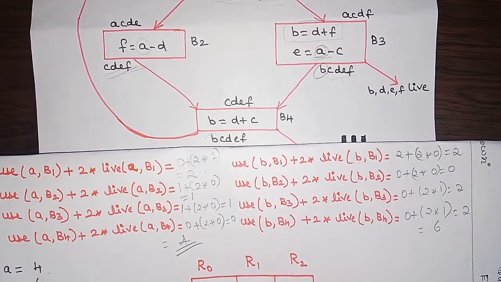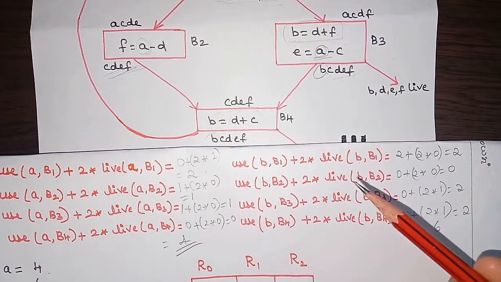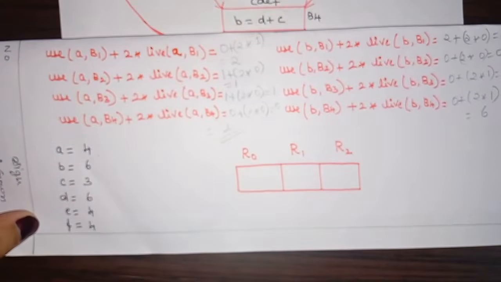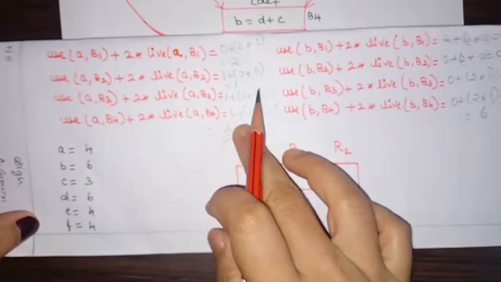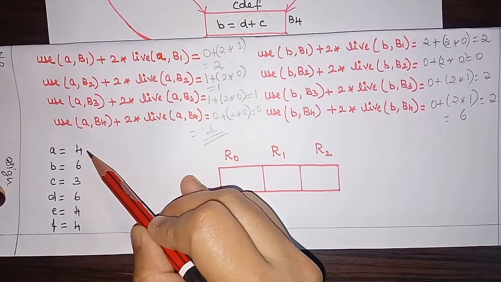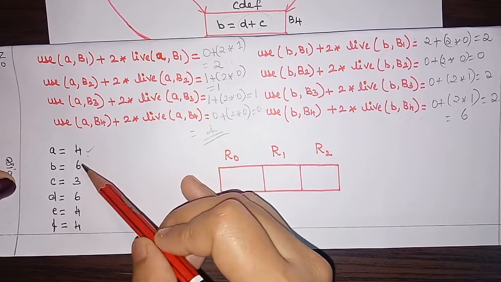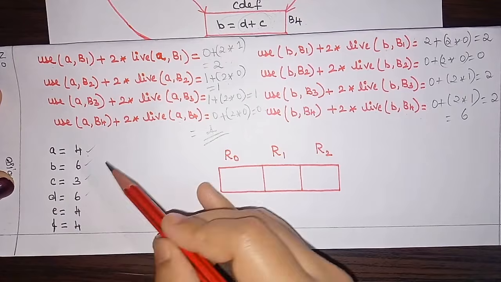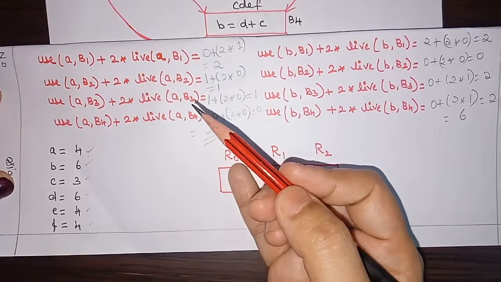Likewise, we have to calculate the use and liveness of all the variables like C, D, E and F in all the blocks. When we calculate the values, we will get these values: the cost for A is 4, the cost for B is 6, the cost for C is 3, D is 6, E is 4 and F is 4.